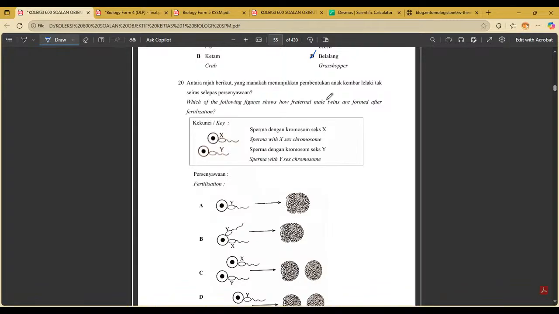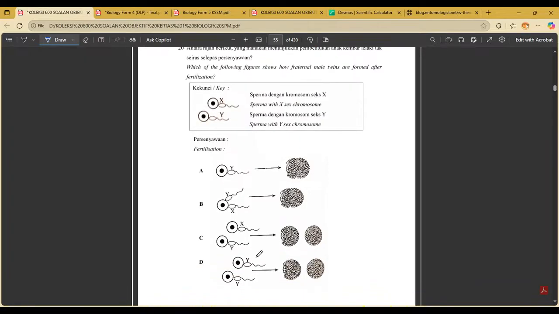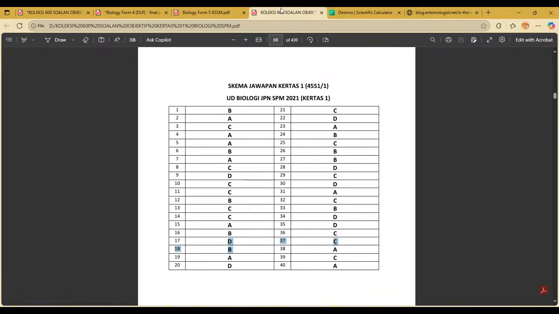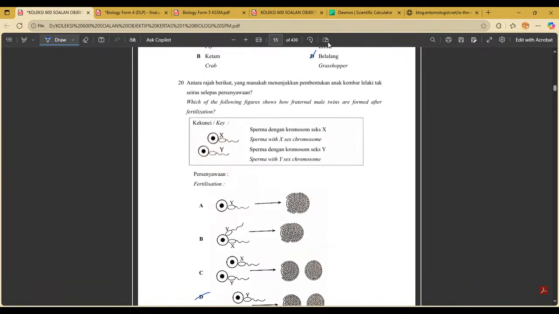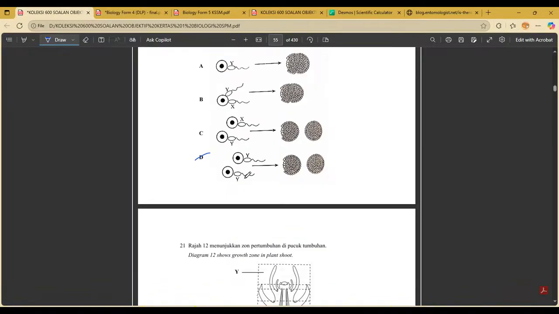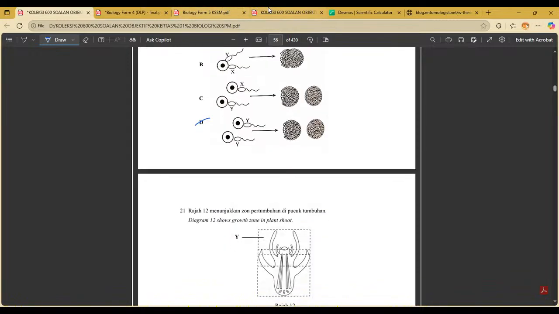So it's 20D, because the ovum is X and the sperm is Y. So when combined, they will make XY, which is males.